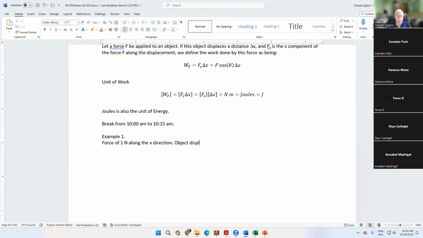The object displaces 1 meter along the x direction. Find the work done by this force. Solution, simple enough, a straightforward application of formulas.